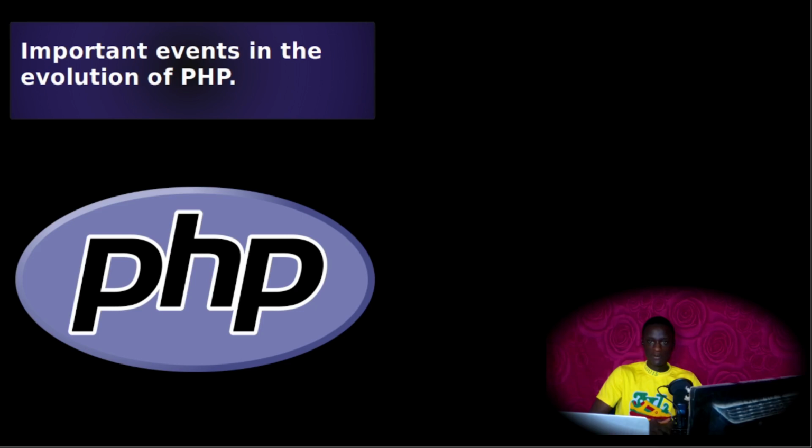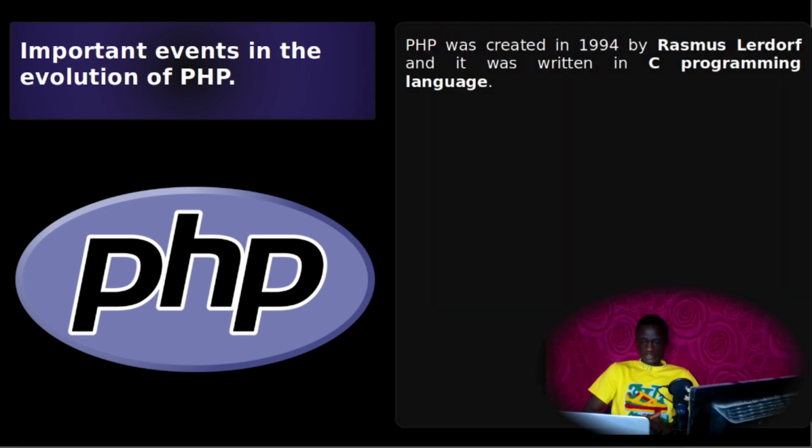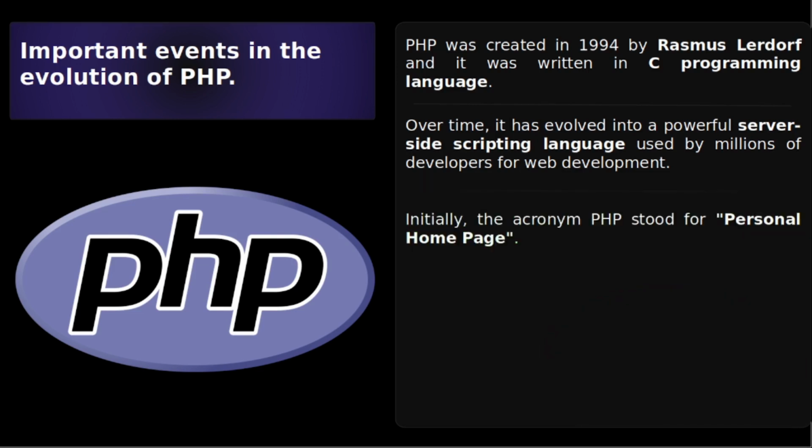Let's quickly have an overview of the important events in the evolution or in the history of PHP. PHP was created in 1994 by Rasmus Lerdorf, and it was written in C programming language. C is a high-level general-purpose programming language. So over time, PHP has continued to evolve into a powerful server-side scripting language used by millions of developers worldwide for web development.